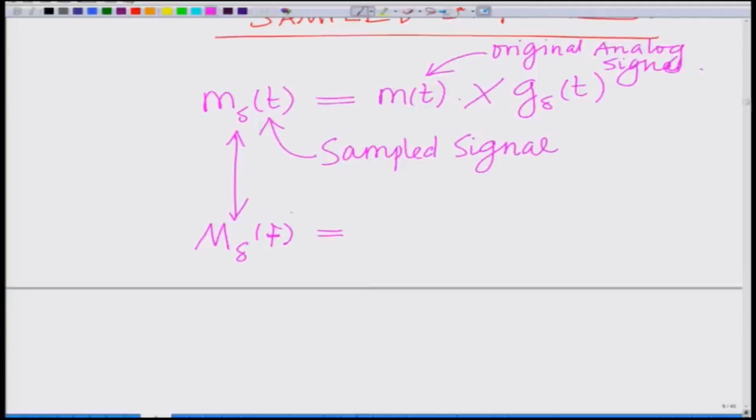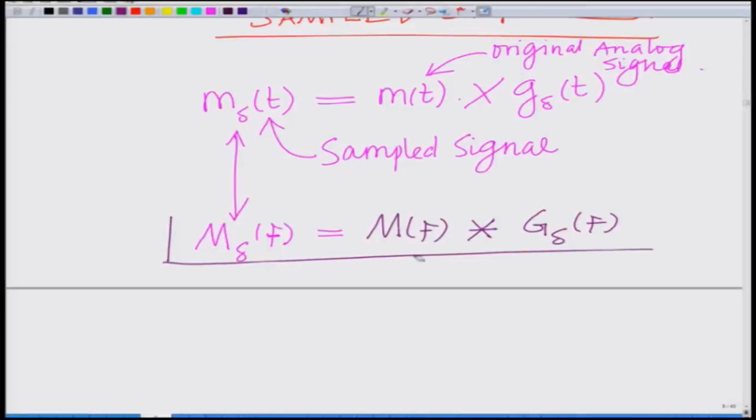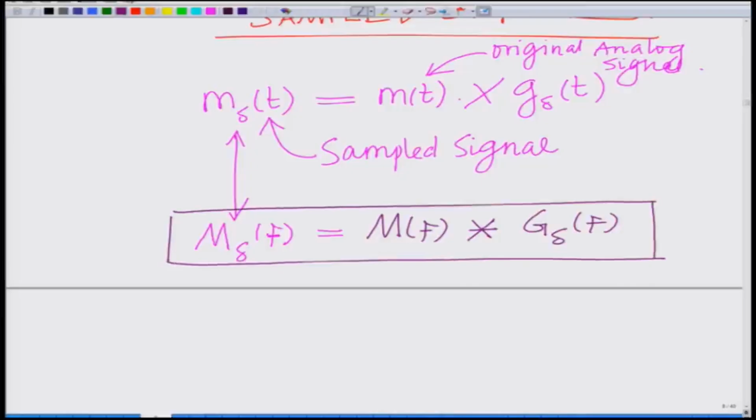This is equal to, now you can see m(t) let us say has a Fourier transform M(f), and g delta t we know has a Fourier transform G delta f. This will be the convolution between the Fourier transforms M(f) and G delta f, because multiplication in the time domain is convolution in the frequency domain.